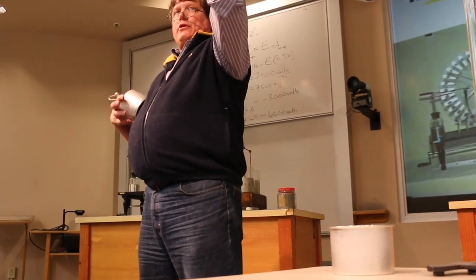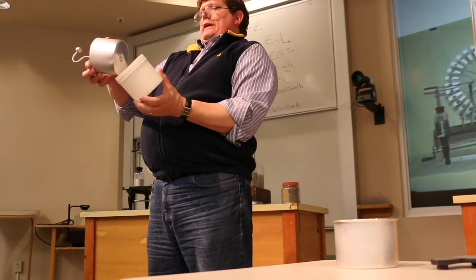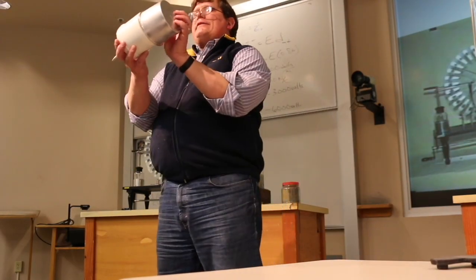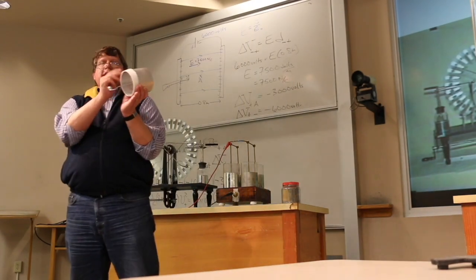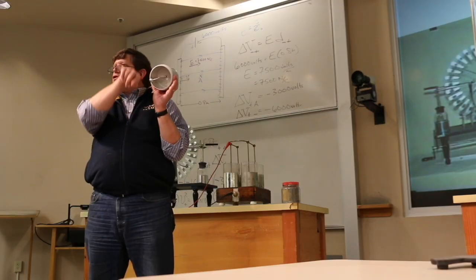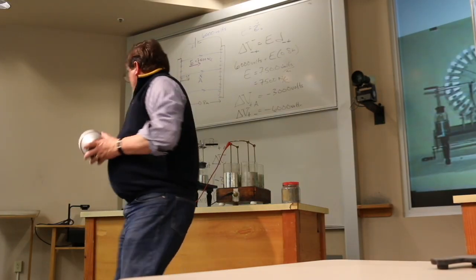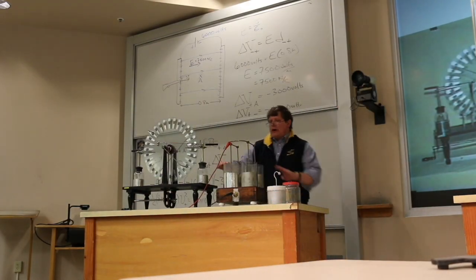Ben used an old canning jar, a glass jar, and he put a metal foil on the inside and a metal foil on the outside. The glass jar was just to keep the two electrically separated so that the charge couldn't short right from one to the other. Now, what I have here is a set of 4 Leyden jars.